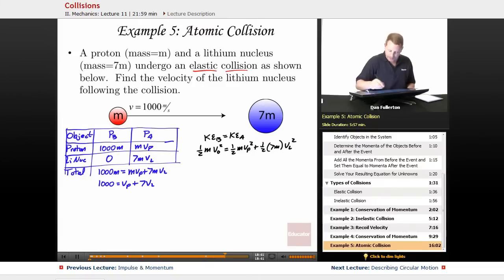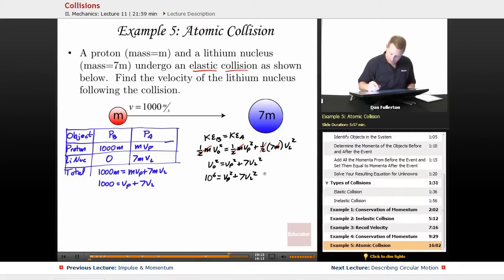And once again, I can make a nice simplification and divide 1/2 m out of all of those to say that V0 squared equals Vp squared plus 7 Vl squared. Two equations, two unknowns, because really we know this V0 is 1,000, so V0 squared is 10 to the 6th. So 10 to the 6th equals Vp squared plus 7 Vl squared.